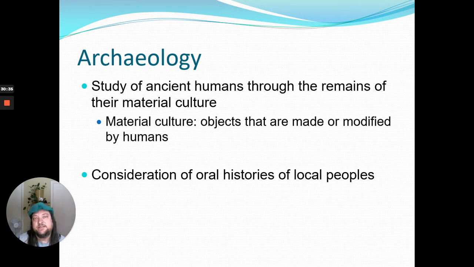So piecing that together with what archaeologists can find can be very helpful in reconstructing these ancient societies. Plus, it's less problematic to do it that way because then they're taking into account local knowledge in a way that archaeologists in the past didn't necessarily do because they didn't see oral histories as a valid source of knowledge.